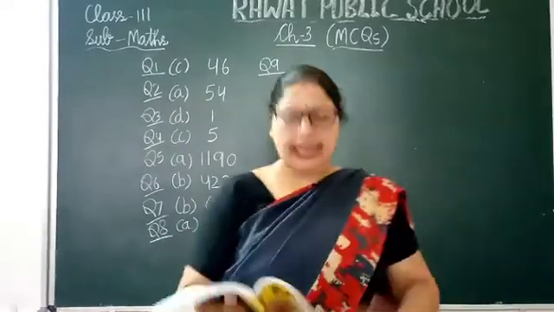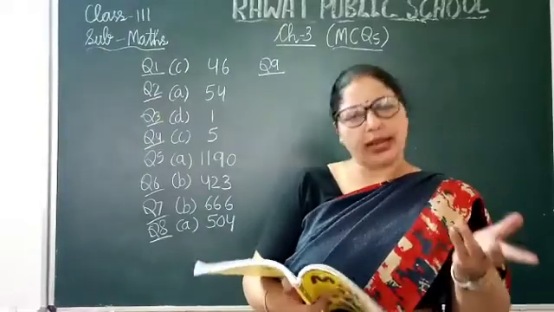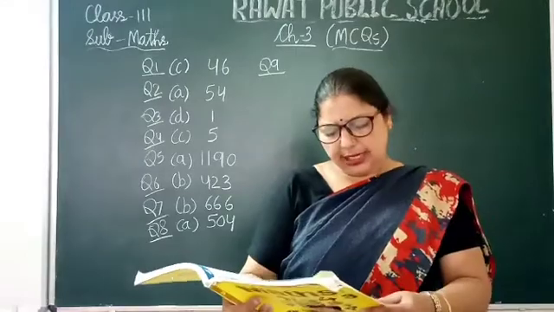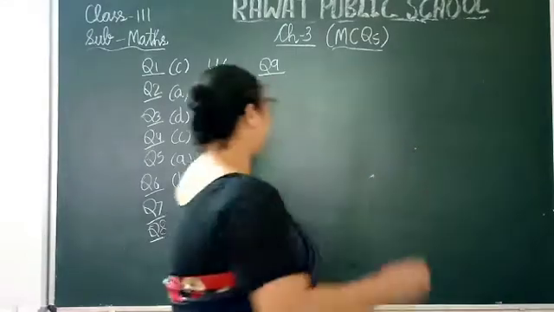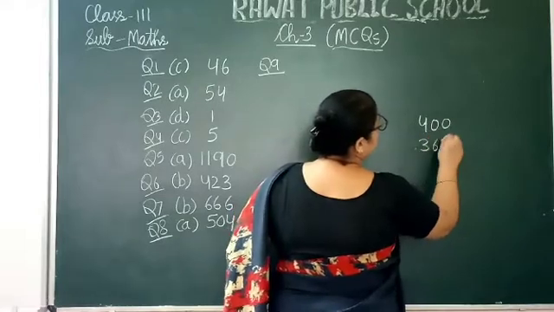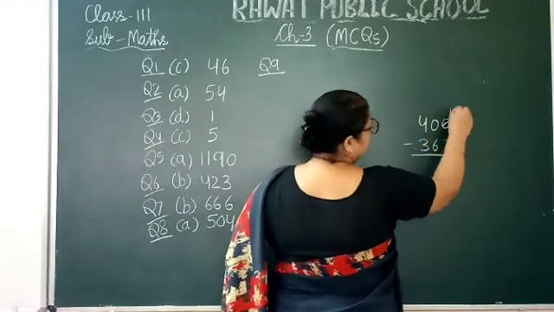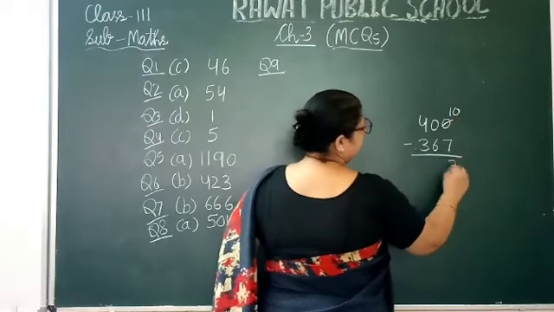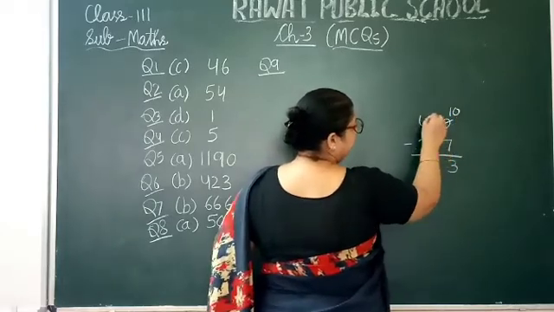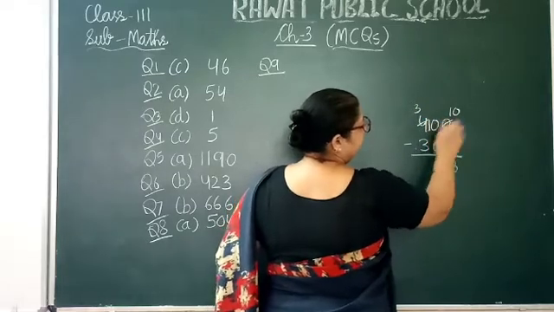400 लाने के लिए 367 में हम कौन सा नंबर ऐड करेंगे? So again we subtract 367 from 400. 400 minus 367. So beta this is 0. Take carry. 10 minus 7 is 3. Now if this is 10, we take carry from here. This is 3 and this is 10. But we take carry from here.